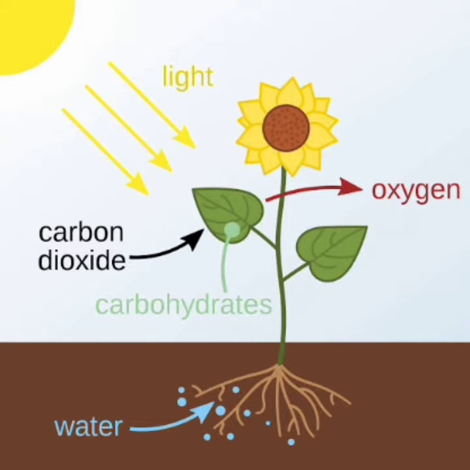Roots take in water and minerals from the soil and transport them to the stem. The stem carries these materials upwards to the leaves. The stem also exposes the leaves to the sun and air.